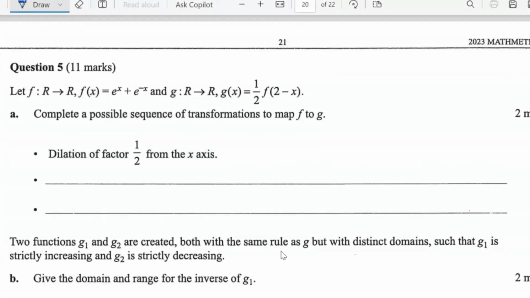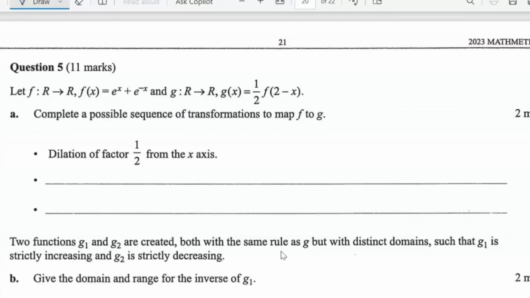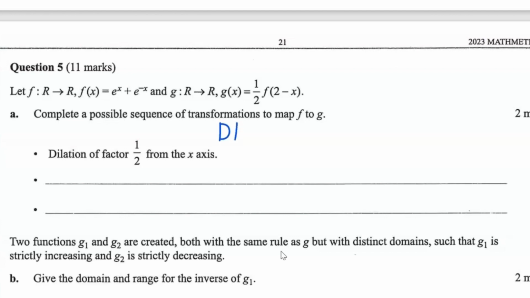All right, question 5, the last question. Complete a possible sequence of transformations to map f to g. So that's going to be a dilation factor of 1/2 from the x-axis, and there is also a translation of 2 units. There's also a reflection if we use the sequence DRT, so the dilation as we mentioned.